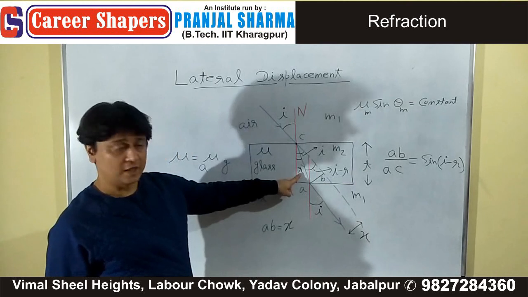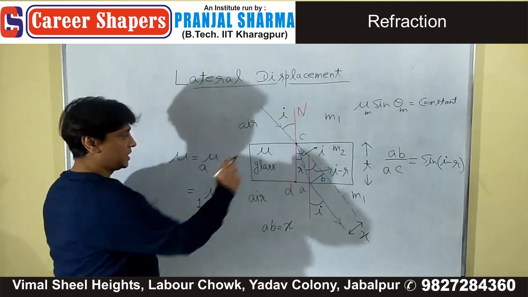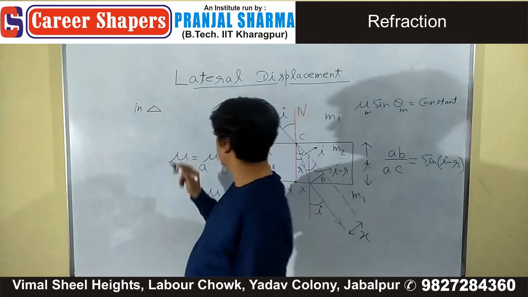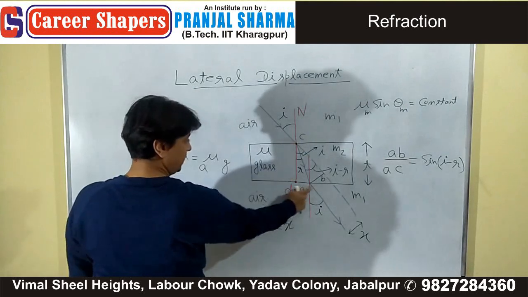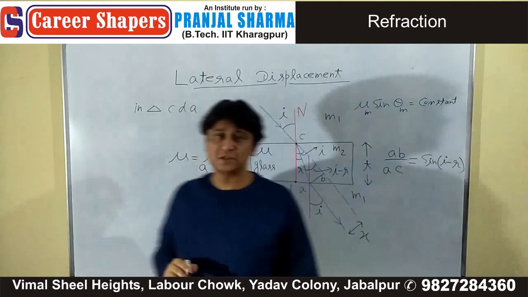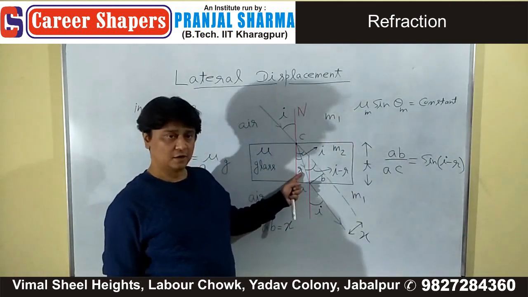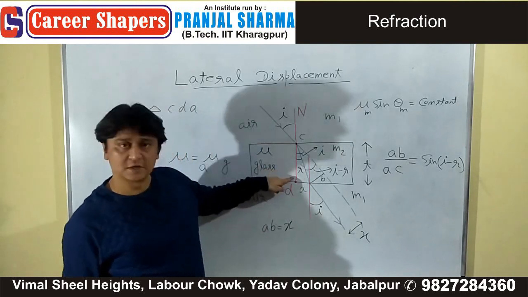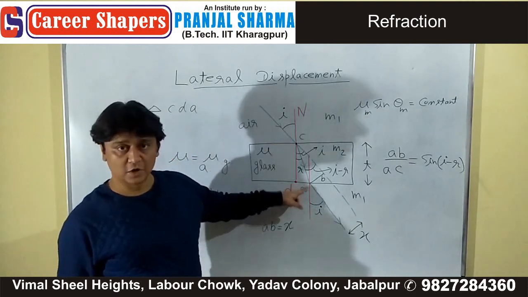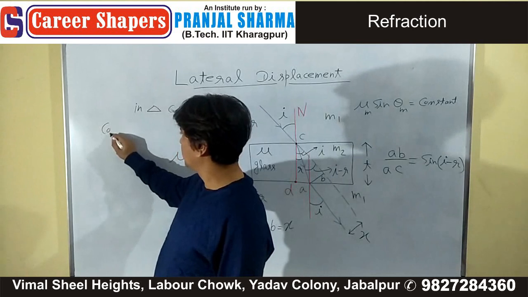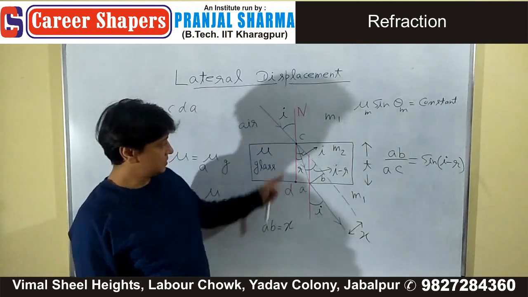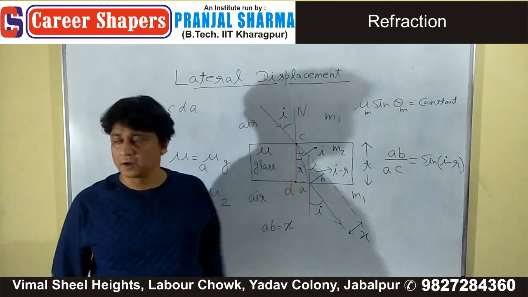This R is known, and therefore, in triangle CDA, you can see that this is R, CD is the base, and CA is the hypotenuse, and therefore cos of R is simply CD upon CA.